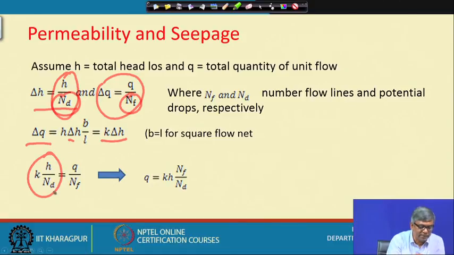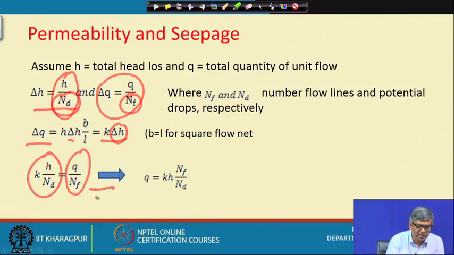So, k times H by ND equal to Q by NF. Q by NF is the del Q, and k times del H by ND. So, this delta H I can substitute by H by ND. So, k times H by ND, and again del Q equal to Q by NF, this to be equated.